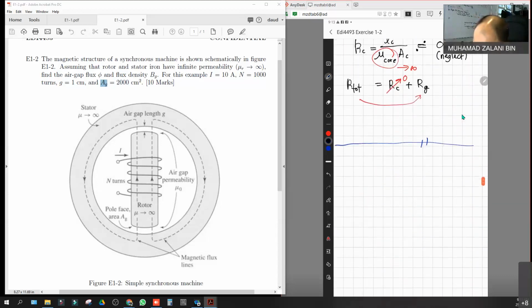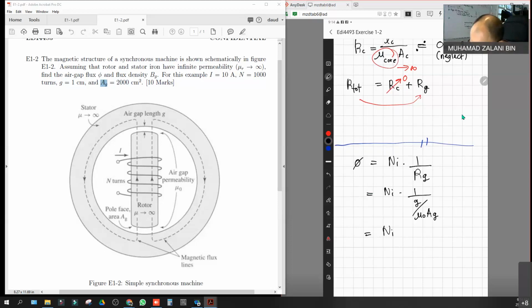So phi equals to Ni 1 over Rg lah. Dia akan jadi Rg sebenarnya. Jadi for that Rg, it is G divided by mu naught Ag, kan.